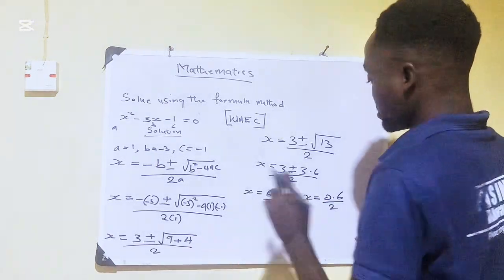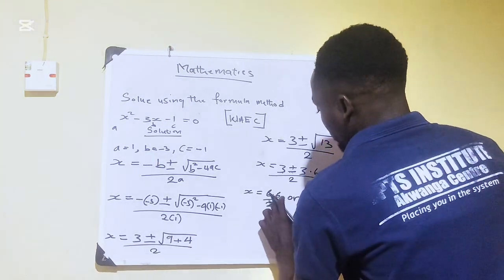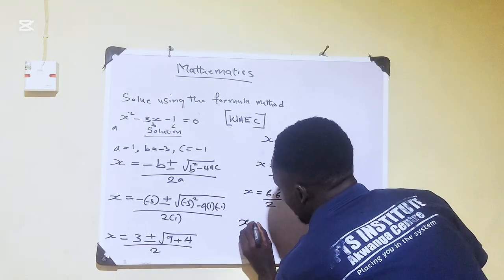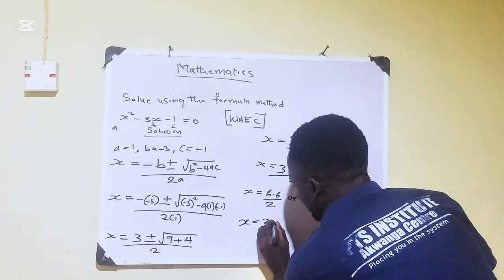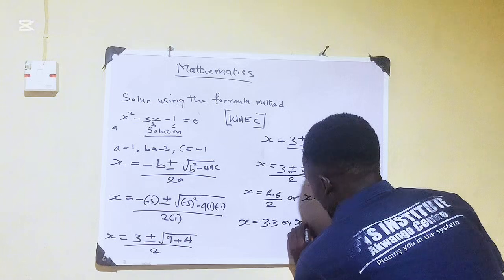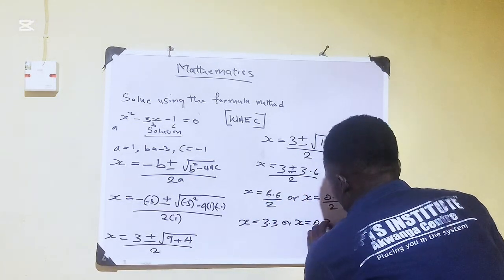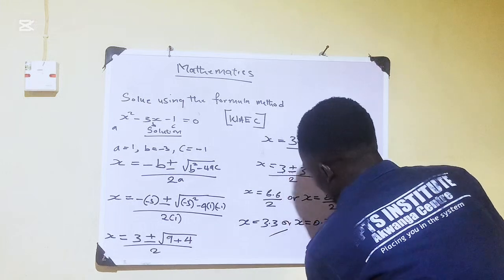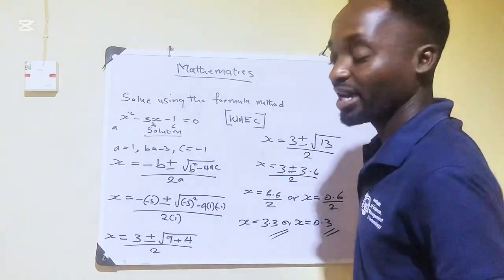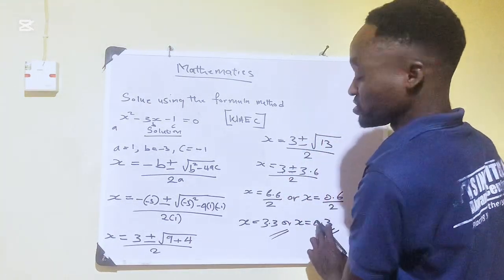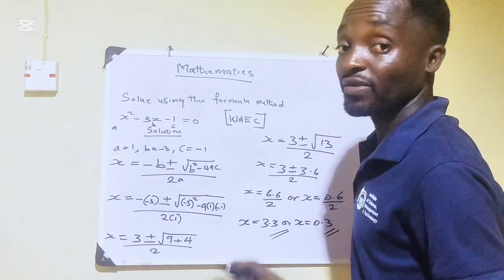Is that clear? So now 6.6 divided by 2 gives us 3.3, or x is equal to 0.6 divided by 2, which gives you 0.3. So these two are now our answer. Our x is equal to 3.3 or x is equal to 0.3. So this is our final answer.